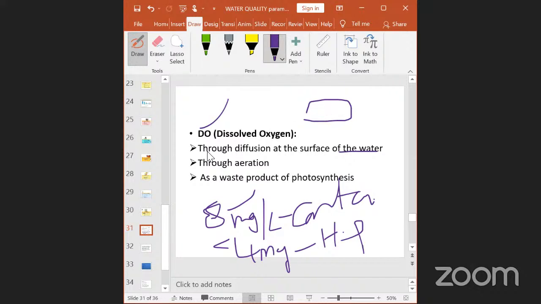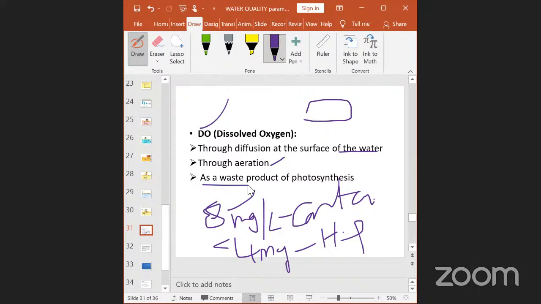The next is aeration, like bubbler pumps, for example inside aquariums in your homes, or a fountain, to oxygenate the water.